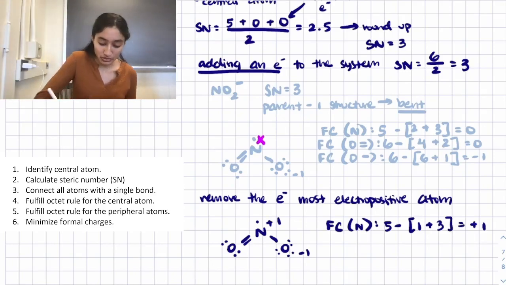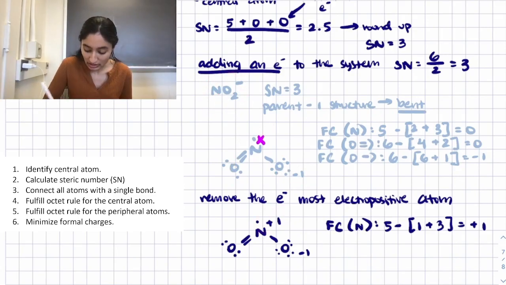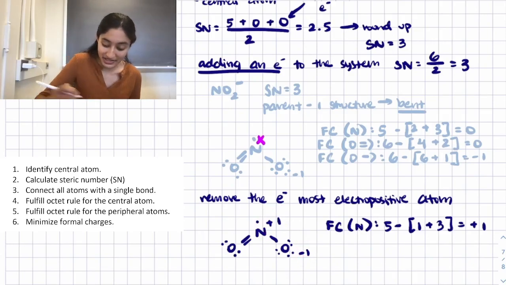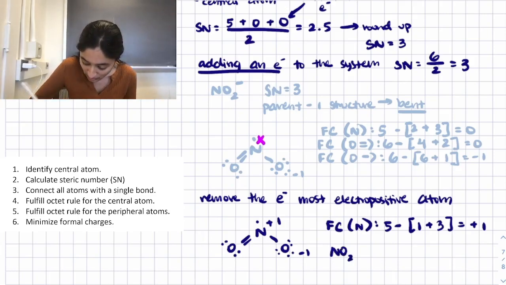Notice that previously in this structure, we had only a formal charge of -1, and that makes sense because the overall charge on our structure was -1. However, here, the +1 and the -1 formal charges cancel out, which makes sense because NO2 is a neutral molecule. It's not an ion.